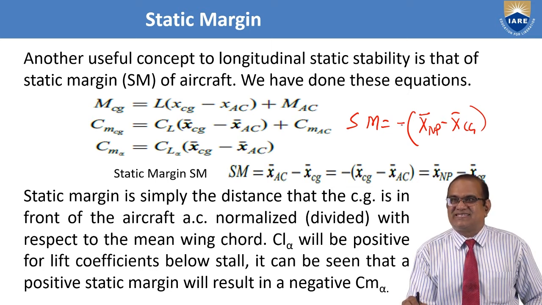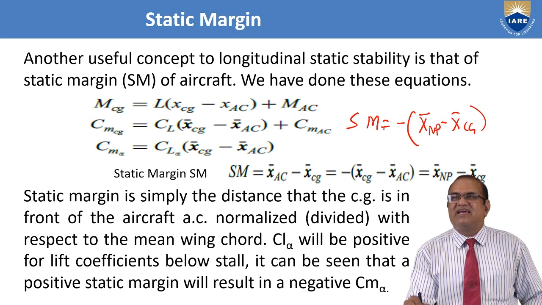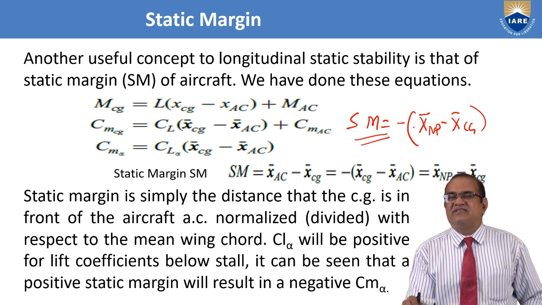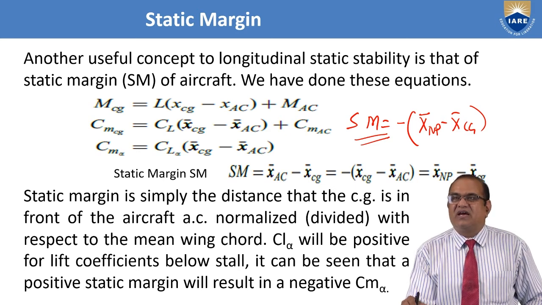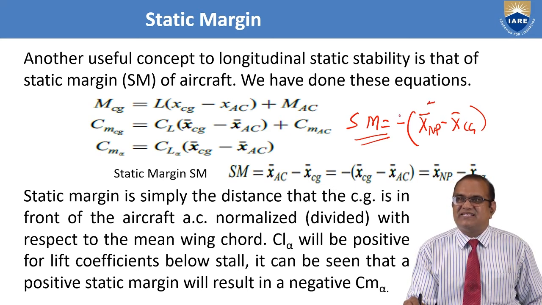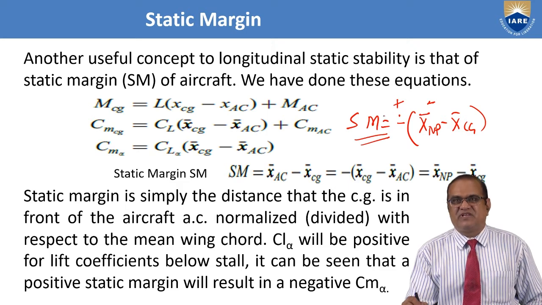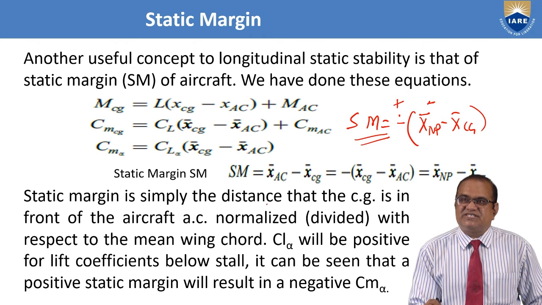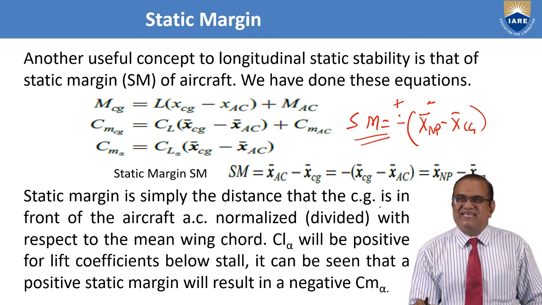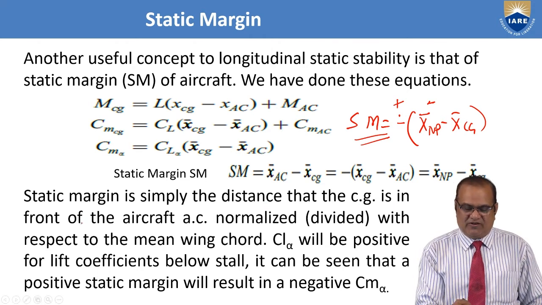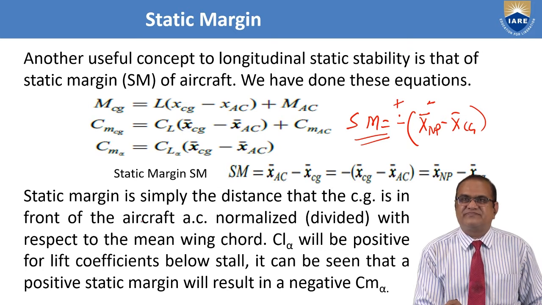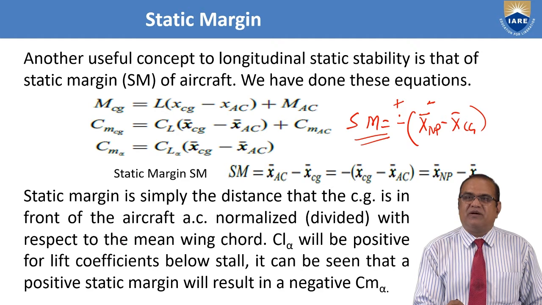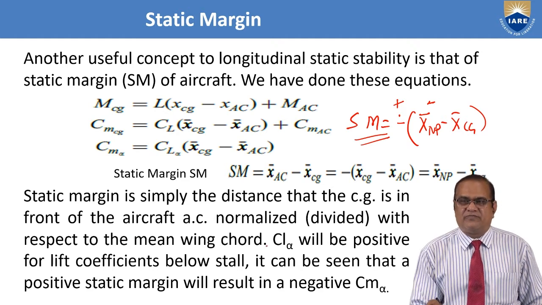If it is a minus, this always gives some minus value, and this minus and this minus will become a plus. So static margin is simply the distance that the CG is in front of the aircraft's neutral point, normalized with respect to the mean wing chord.